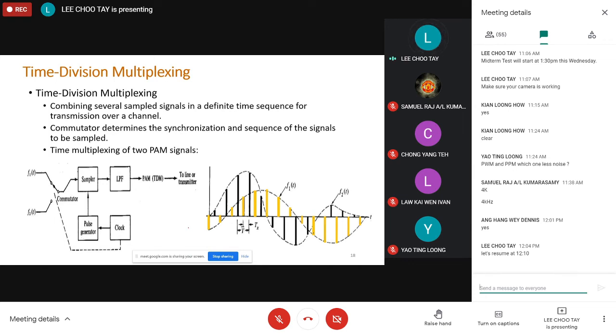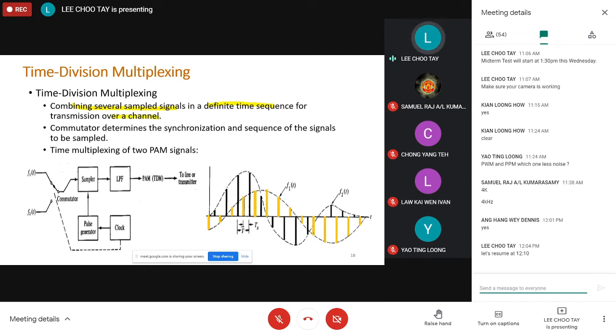Typically the bandwidth of a channel is quite wide, so you can use it to transmit more than one signal. Time division multiplexing is one way of combining several sampled signals in a definite time sequence for you to transmit over a channel.